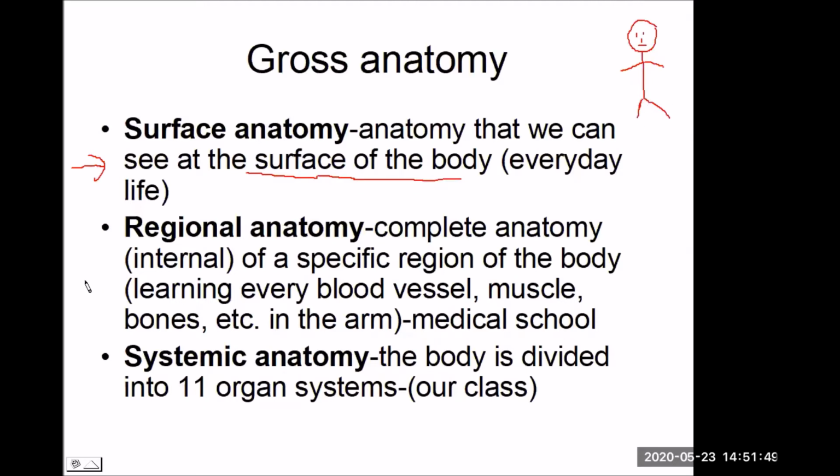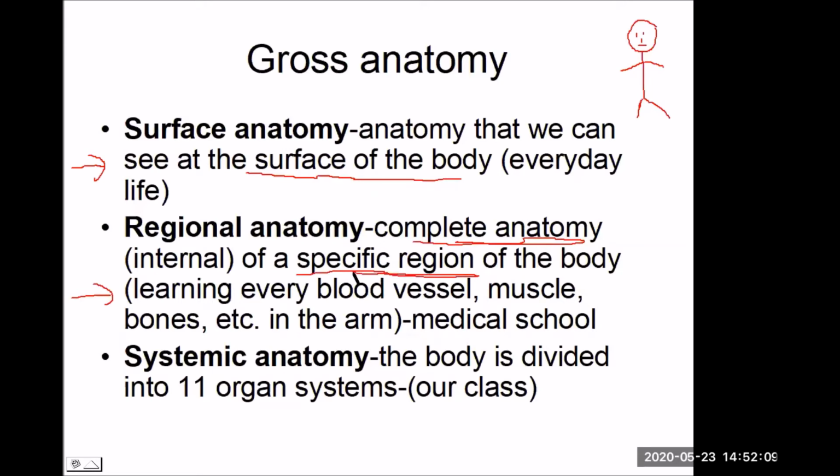Regional anatomy is a more in-depth level of anatomy. And as an example, how is this different from our class? In regional anatomy, we would learn the complete anatomical detail of just some specific part of the body.